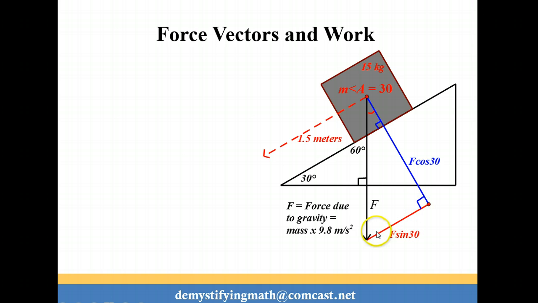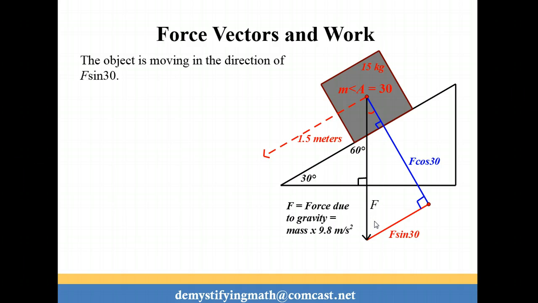This length needed to be calculated because it is parallel to the direction of the movement, and that's the force we need to use to calculate the work done by this object moving down the incline. You could also figure out that this is F cosine theta in the same way, because this is the adjacent side and this is the hypotenuse, so F cosine 30. So basically we got the components for this force vector. We just don't have our force vector drawn on the coordinate plane, so it's not so easy to see, but you can still use right triangle trig to figure it out.